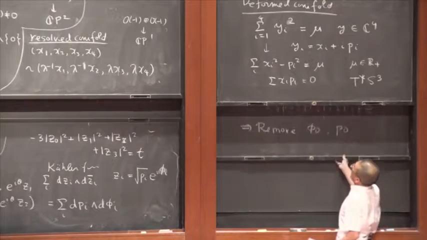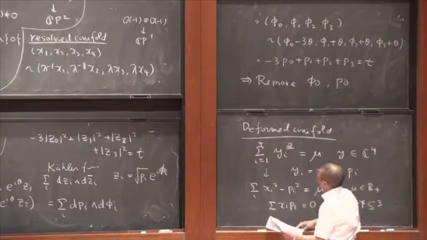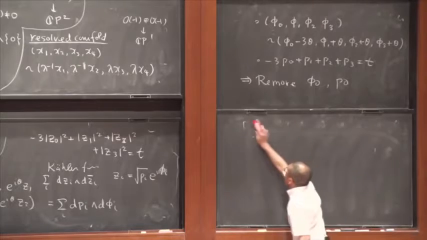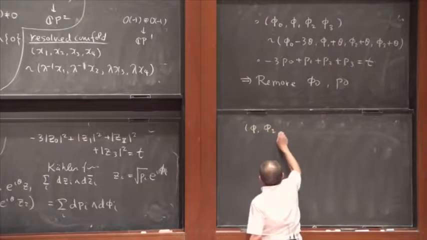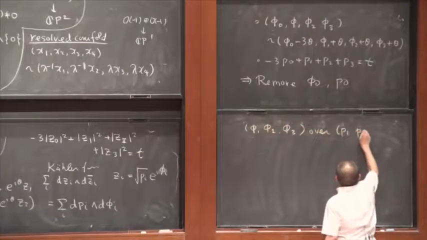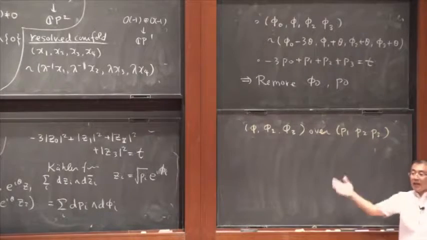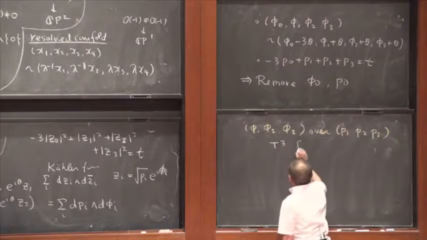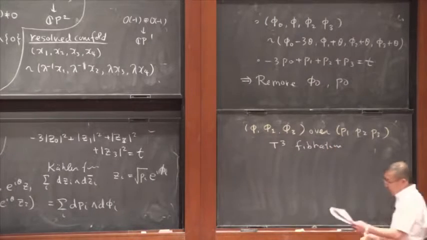Let's try to describe the resulting space. φ1, φ2, φ3 are periodic, so they are like coordinates on a torus. So you get a T3 fibration over the space of p1, p2, p3.